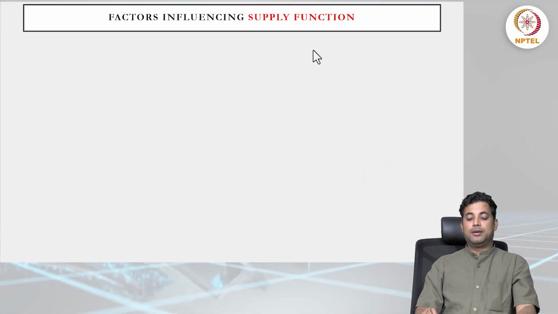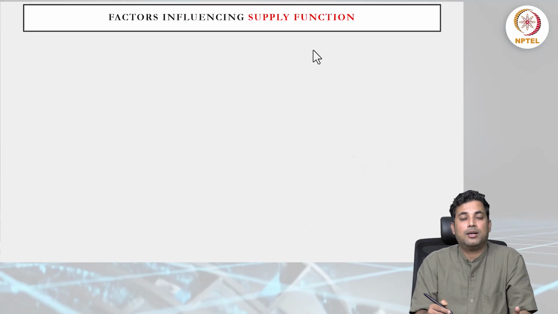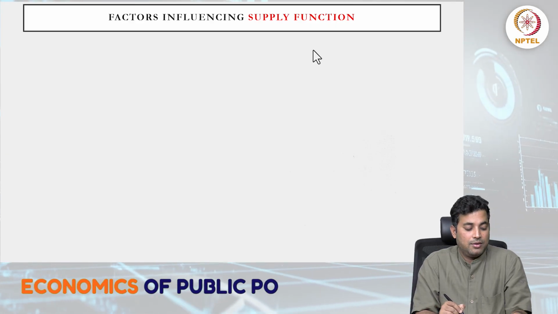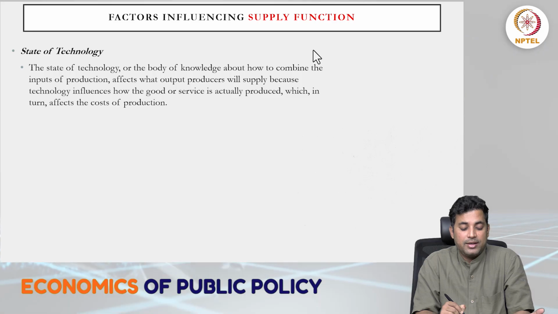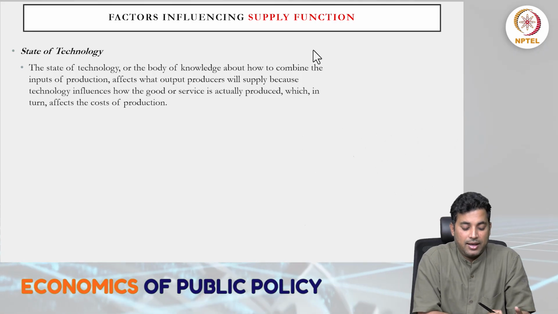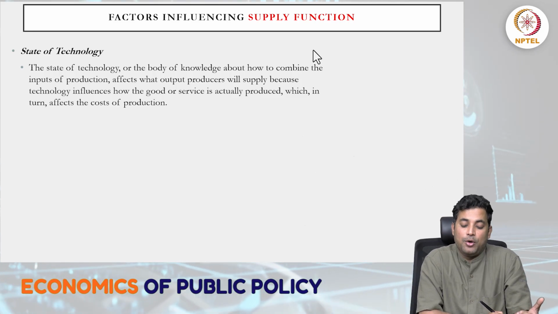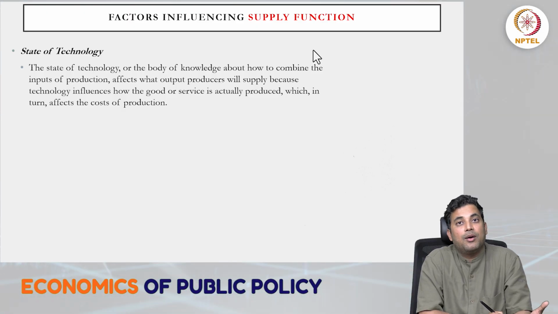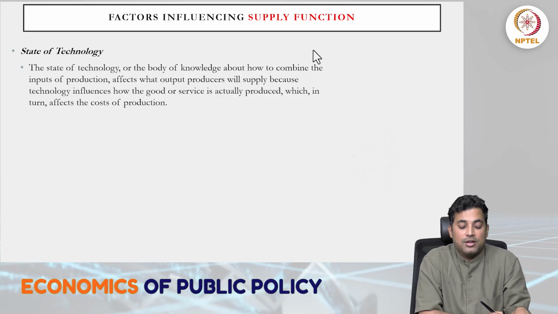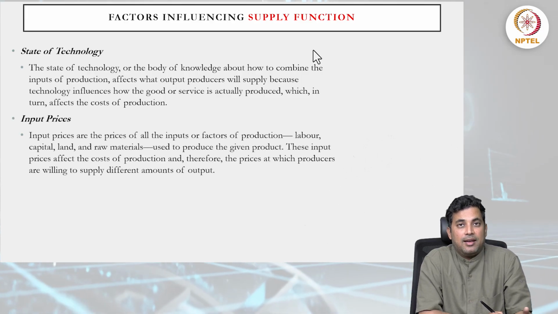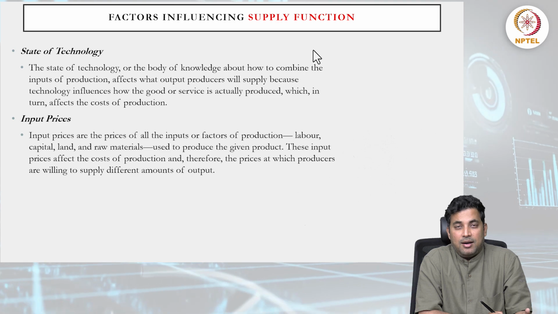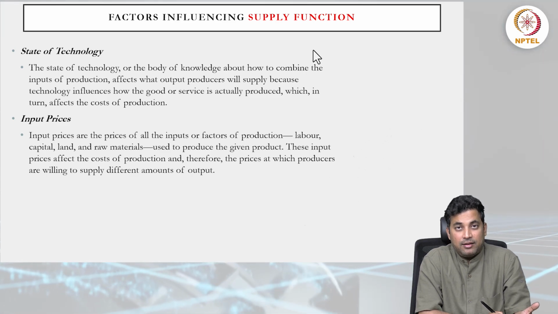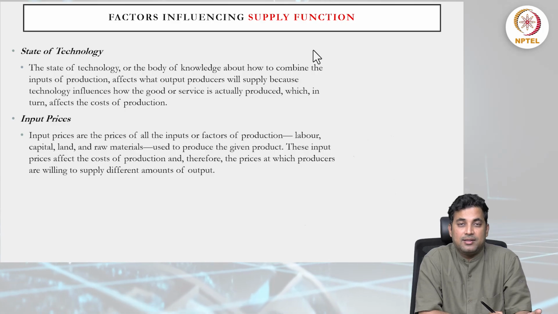Now let's see what are the probable factors influencing the total supply function. First is the state of technology, as we just gave the example: the body of knowledge about how to combine inputs of production, which will have an impact on the supply function. Input prices: if minimum wages are increased by the government, that will impact the supply curve at the farm level, because labor will become expensive.